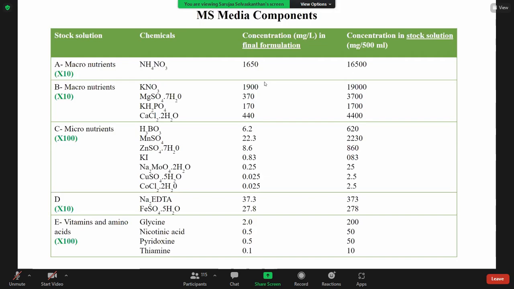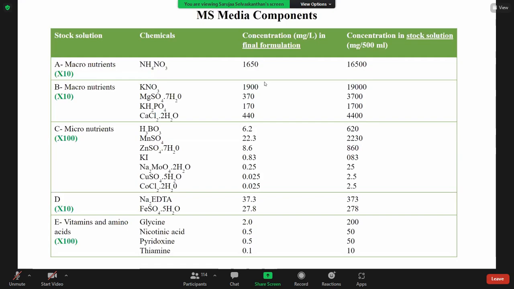Just think, normally for a single plant, in one day we prepare 2,000 to 3,000 milliliter of media, which is 3 liter.